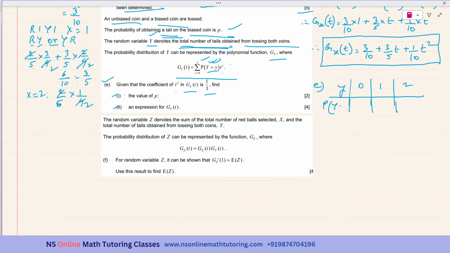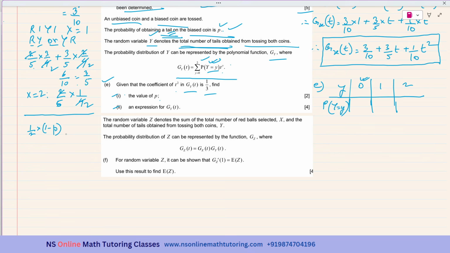So P of Y equal to small y when you don't have any tail. Both the coins are showing heads. So what will be the probability? Half for the unbiased coin, and because the biased coin's getting a tail probability is p, getting the head will have the probability of 1 minus p, because the total probability has to be equal to 1.